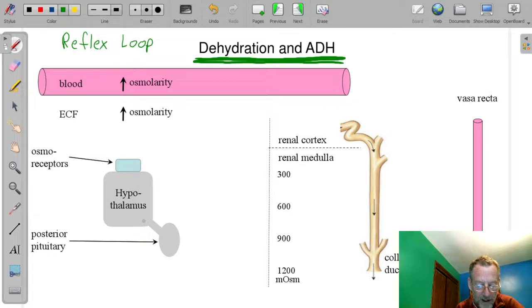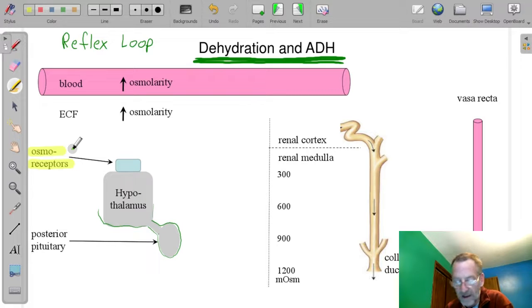And here's the hypothalamus, and I drew the posterior pituitary on it. There's a little infundibulum from last quarter. The hypothalamus is part of the CNS, and there are osmoreceptors associated with it. They are what's going to be detecting the changes in osmolarity.